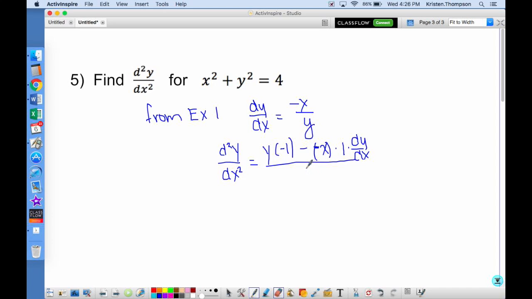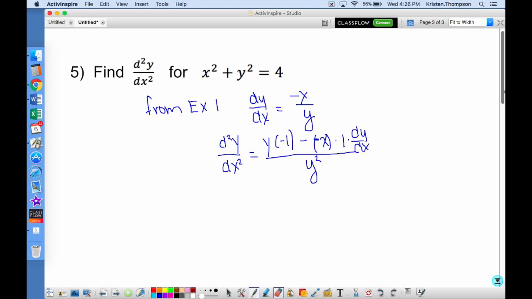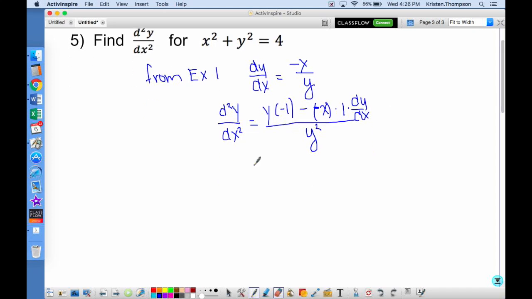Finishing the quotient rule, all over, low, low. If we simplify, we get that the second derivative is equal to negative y plus x dy/dx all over y squared. Unfortunately, our second derivative cannot have the first derivative in it.